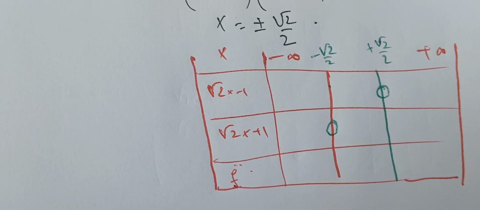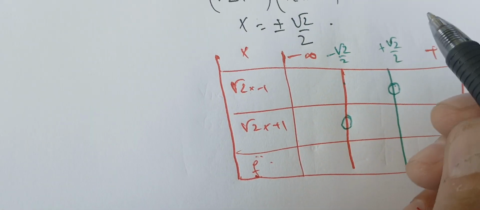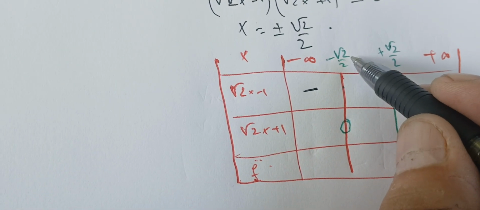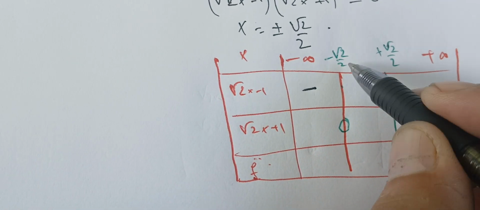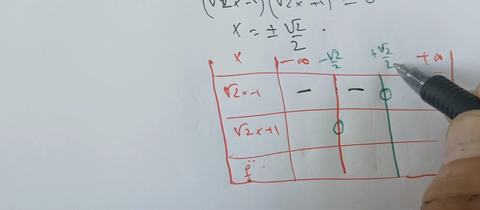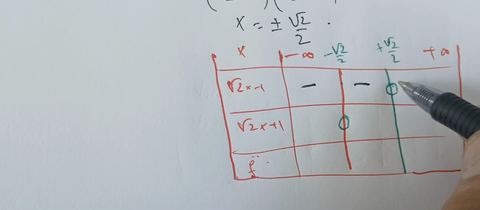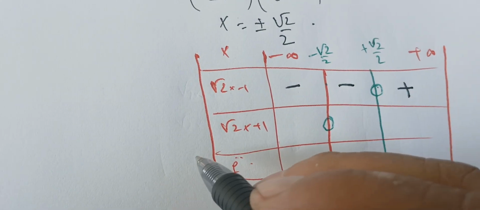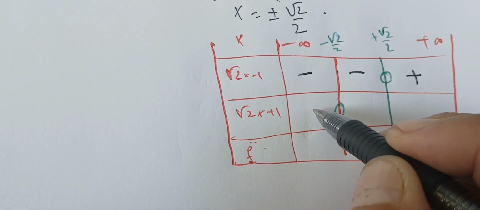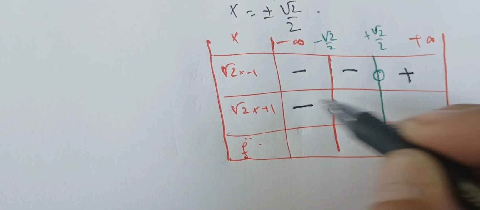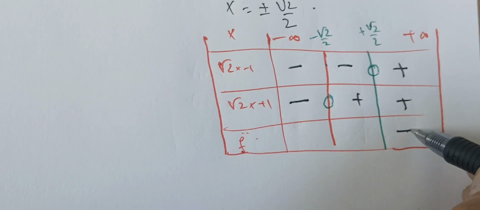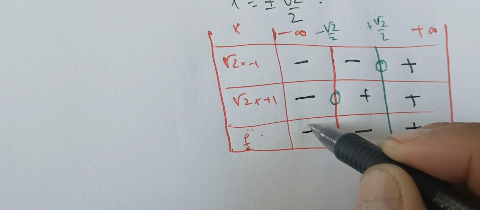If x is less than minus square root of 2 over 2, the factor is negative. If x is minus square root of 2 over 2, it's 0. And if x is bigger than the square root of 2 over 2, it's positive. A similar study for the other factor shows minus, plus, plus. Therefore, I have a plus, minus, plus.